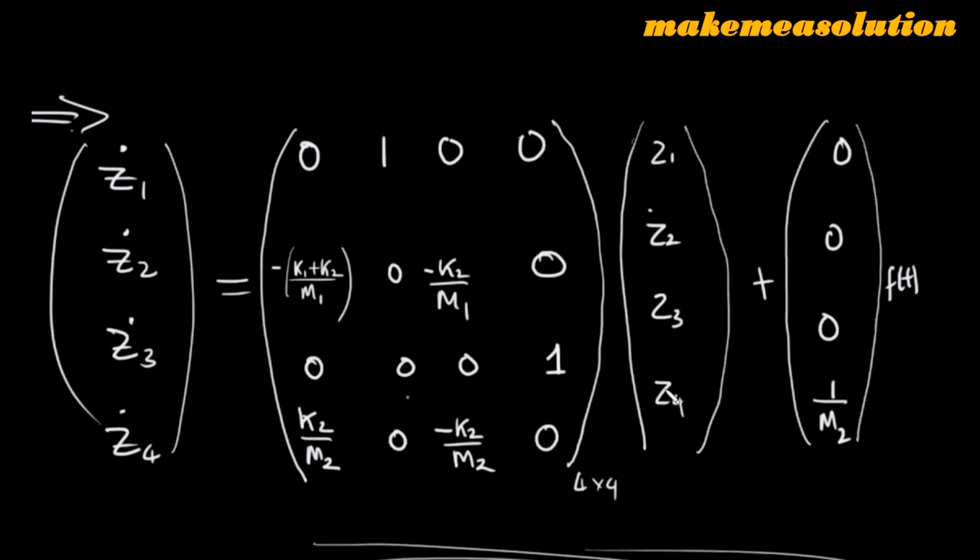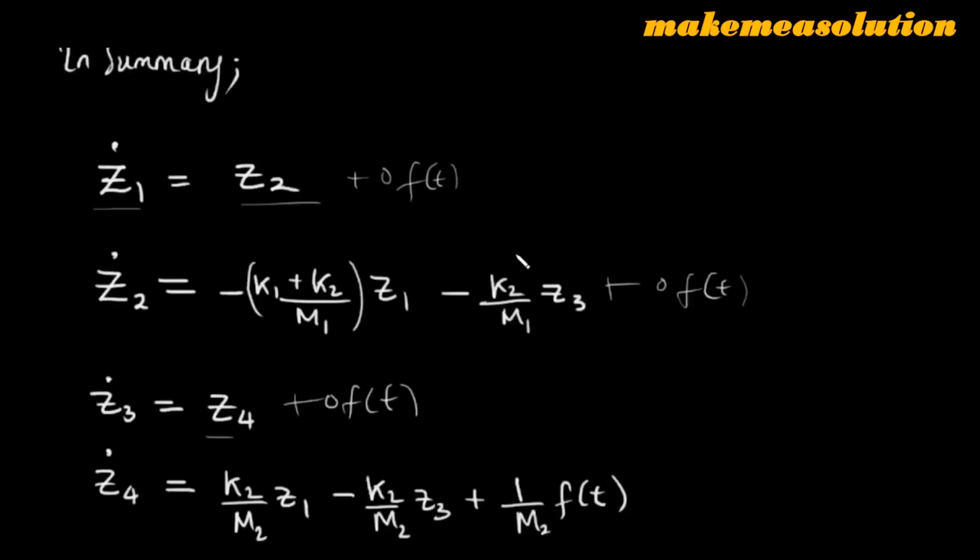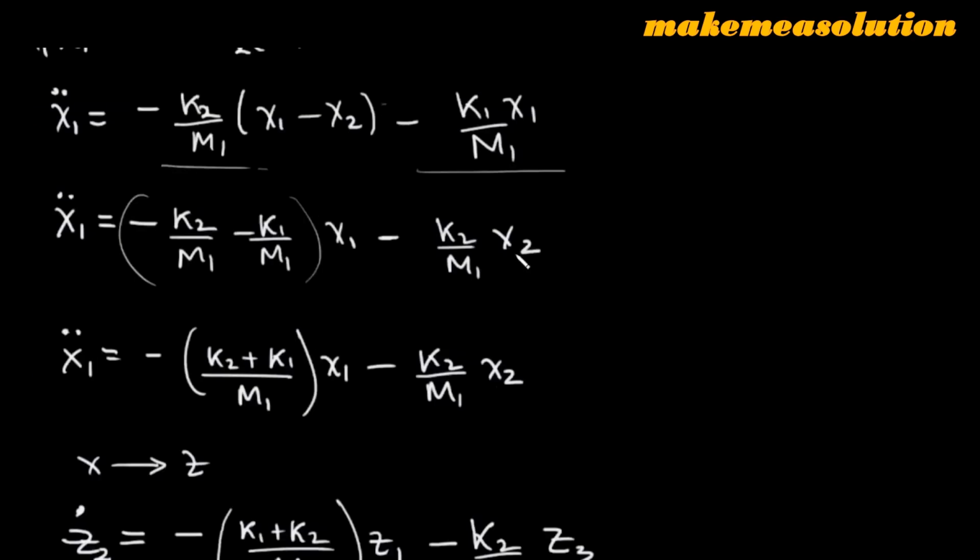When you have two second order equations, each of them will break down into two. So when you combine them, it now gives you four first-order linear differential equations, which we have here. So we converted our state variables into the z terms.